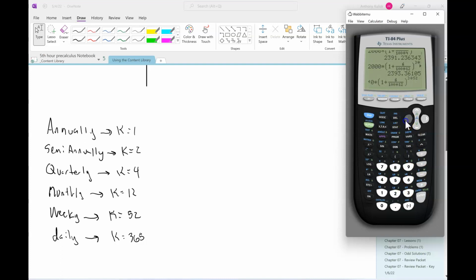That's about 4 times difference, a little bit more than 4, but less than $1 difference. If we make that 365, it was about 20 cents from the previous one.